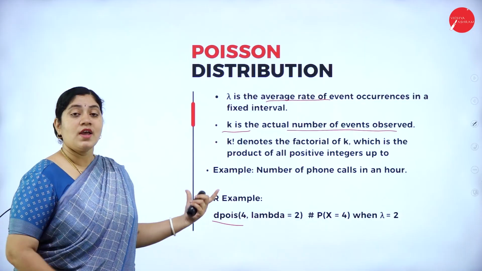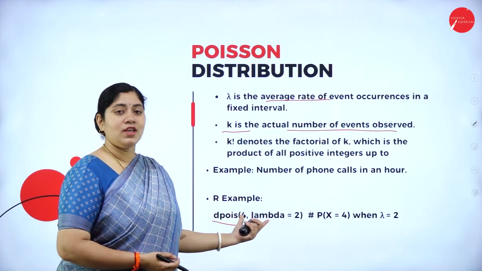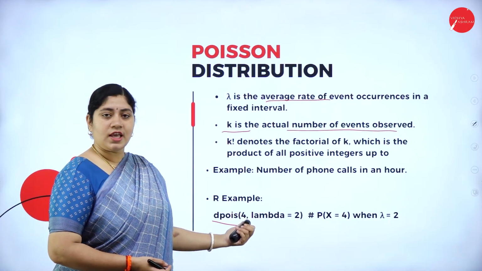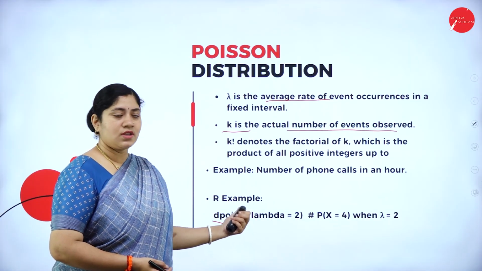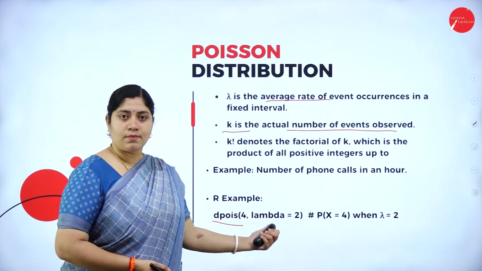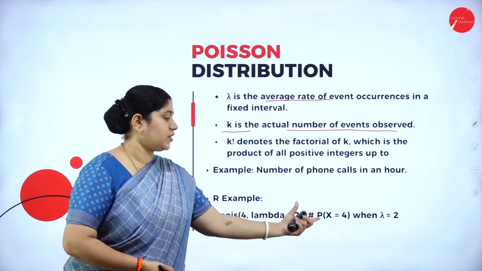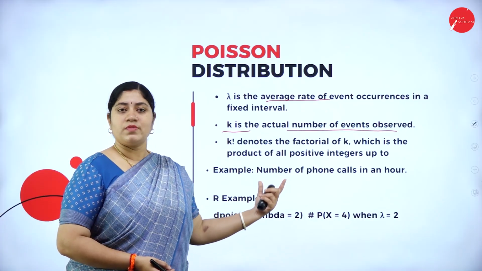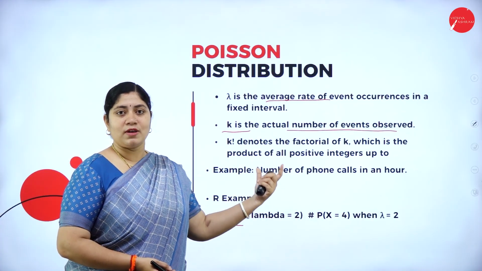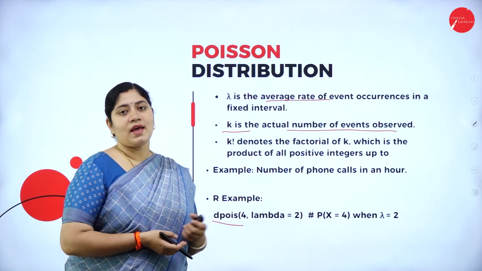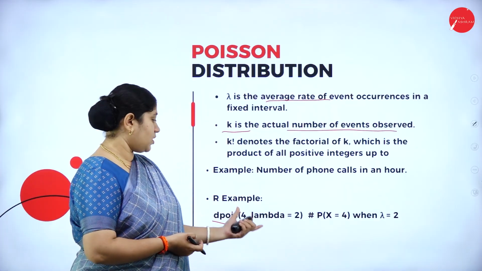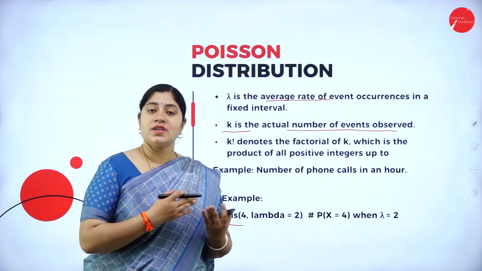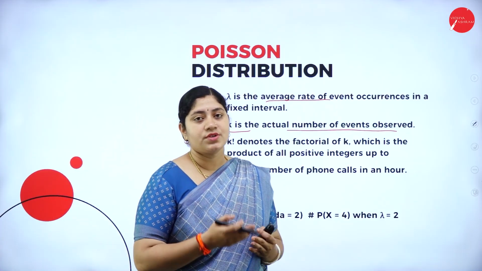This is a keyword, and inside that we define our k term, lambda term and so on. So I have defined x as the k value 4, followed by a lambda value 2. This is how we can represent it in R programming. So this is all about our discrete distribution.